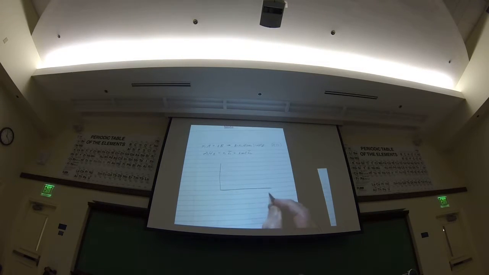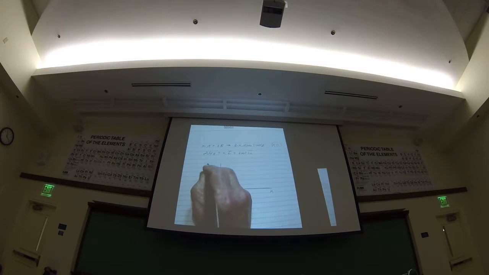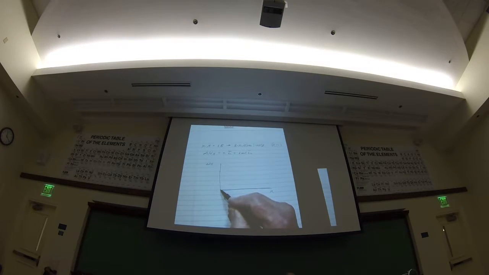Now I said this is an experimental quantity. So we've got delta H at S, which is a function of N1, and I will just draw something here. We're talking about this particular solution, and I'll call it N1.